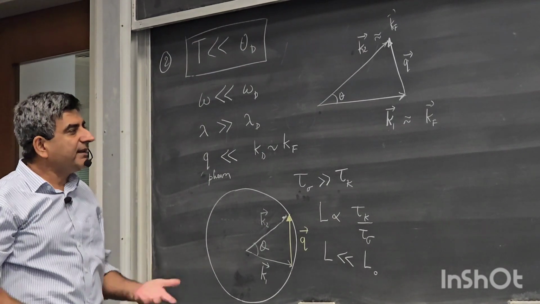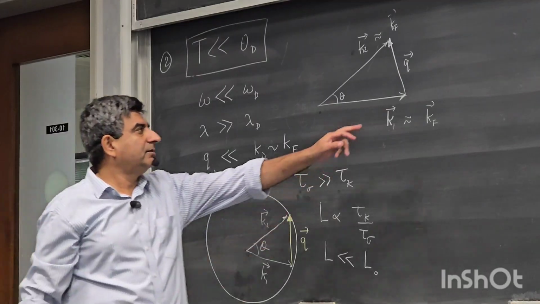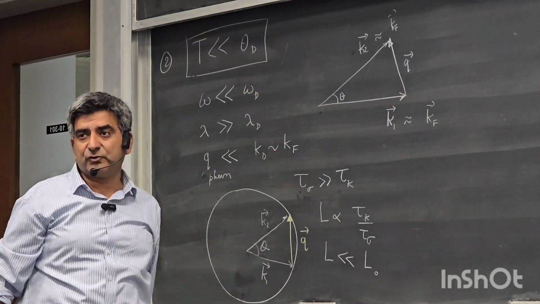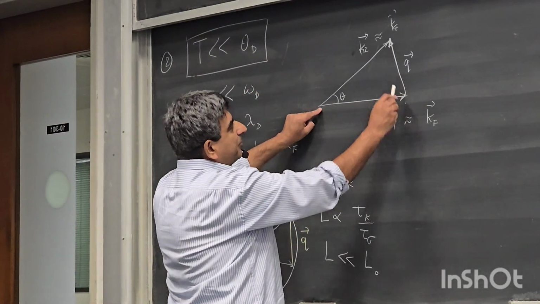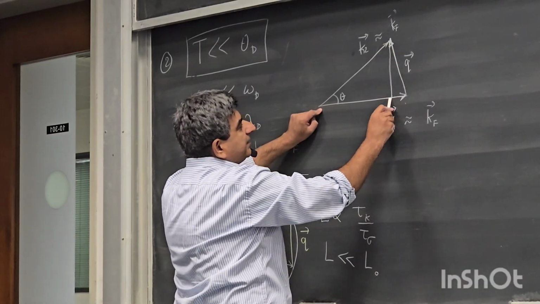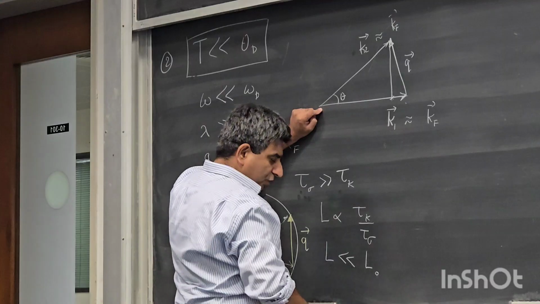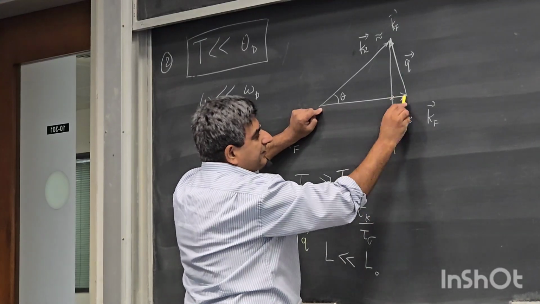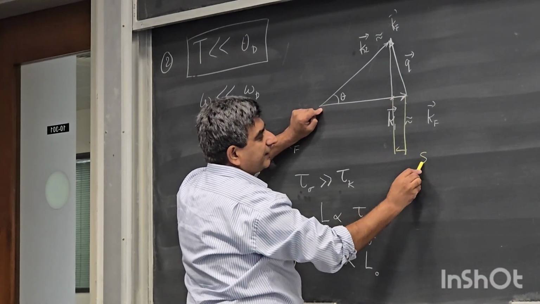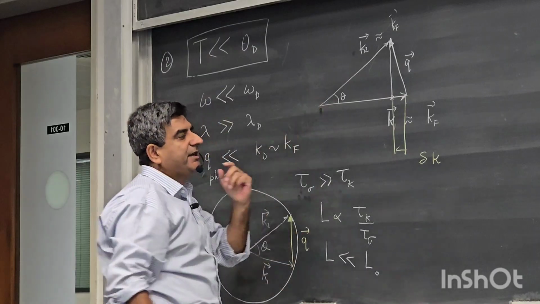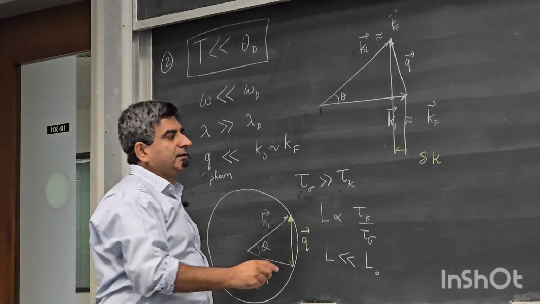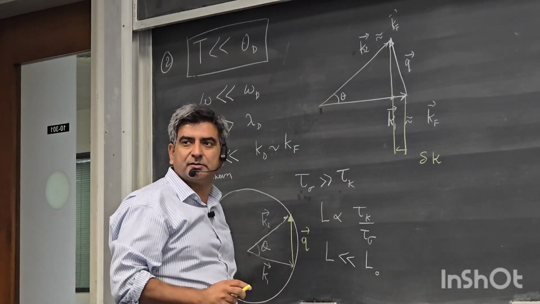Now, what is the change in momentum of an electron through, for example, the absorption of a phonon? So this was the initial momentum. The amount by which the momentum of this electron changes is just this much. Delta K is the change in the momentum of the electron.